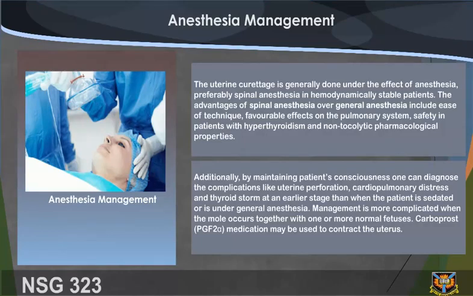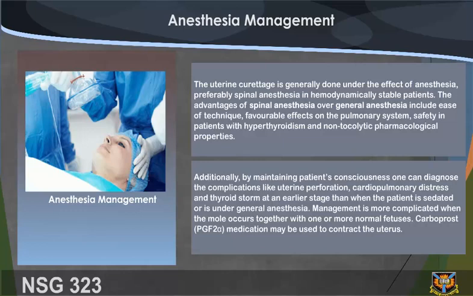Anesthesia management. The uterine curettage is generally done under the effect of anesthesia, preferably spinal anesthesia in hemodynamically stable patients. The advantages of spinal anesthesia over general anesthesia include ease of technique, favorable effect on the pulmonary system, safety in patients with hyperthyroidism, and non-tocolytic pharmacological properties.